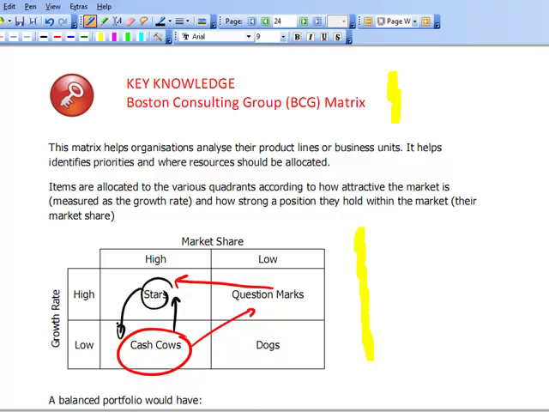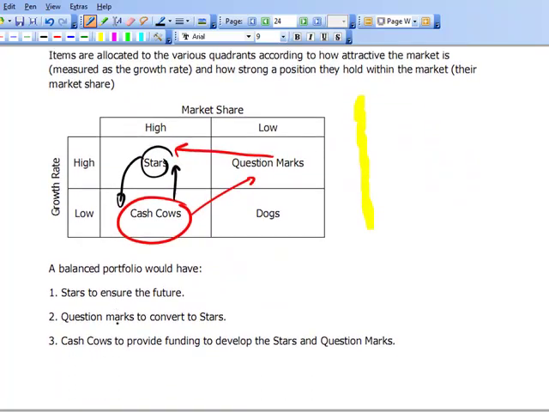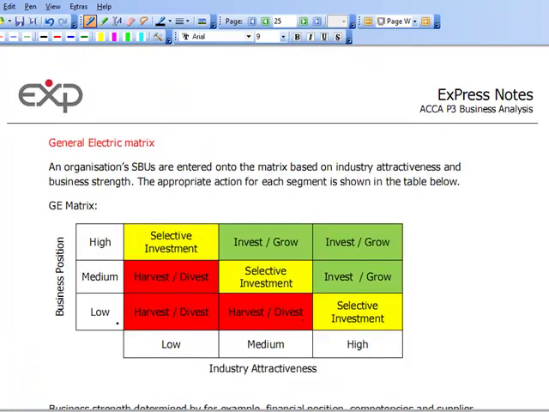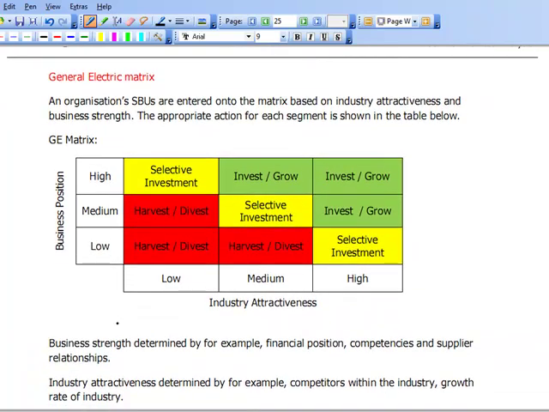Now, if you look at the next page, page 25 of the Express Notes, you'll see another matrix which is similar in a way to the Boston Consulting Group. This time it's called the General Electric Matrix. On the same principle as the Boston Consulting Group matrix, it looks at the attractiveness of the industry as well as the strength, and in effect, the strength here is classified as business position.